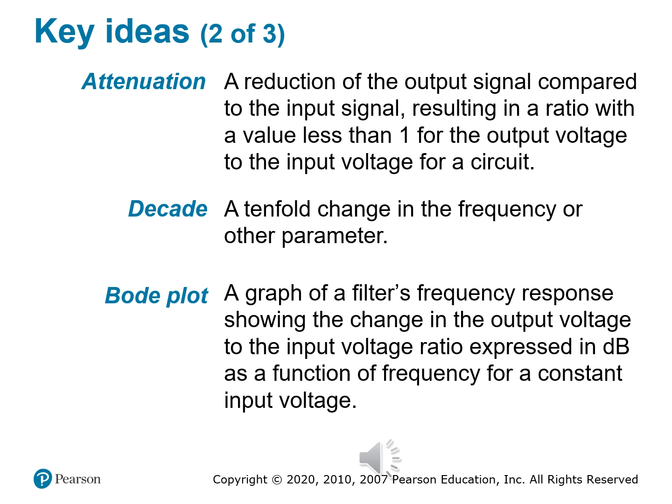I think we know what a decade is. Next term is Bode plot, a graph of a filter's frequency response showing the change in the output voltage to the input voltage ratio expressed in decibels or dB, as a function of the frequency for a constant input voltage.